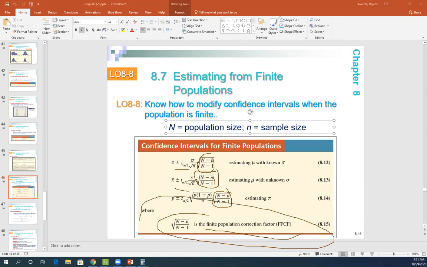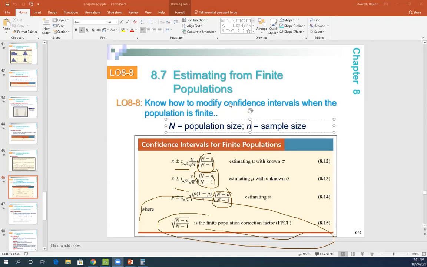So suppose we know Eastern has 13,000 students and we are taking 500 students out of that. Then we are going to use this in these situations. In Minitab, we don't have an option where we can put the finite population number.